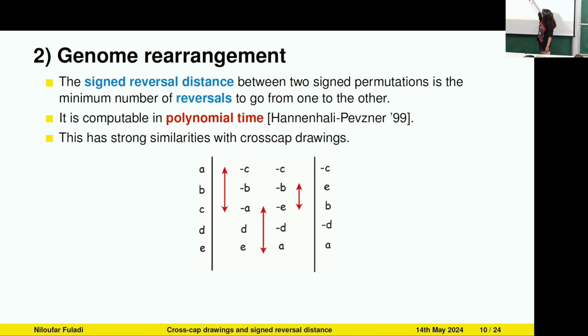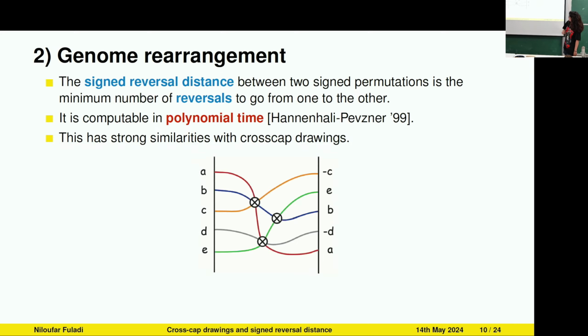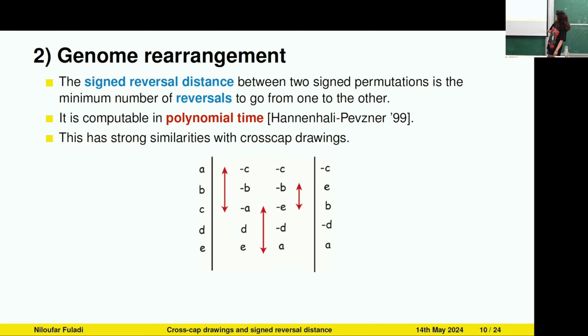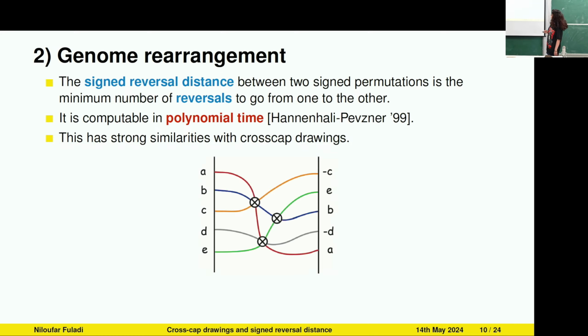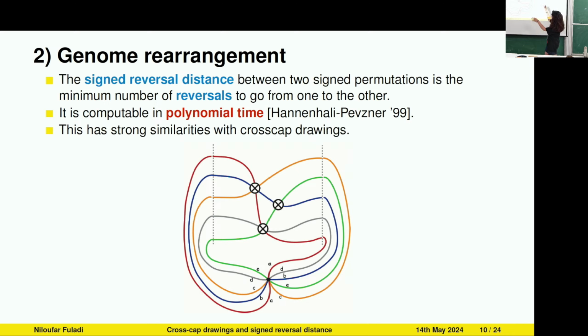If I associate a strand to each of my letters, then the reversals become like cross-caps. So let me do this multiple times. Then, for example, I drag everything to one vertex, and this is a graph, and this is a cross-cap drawing, right? So this is the relation that I'm going to use.